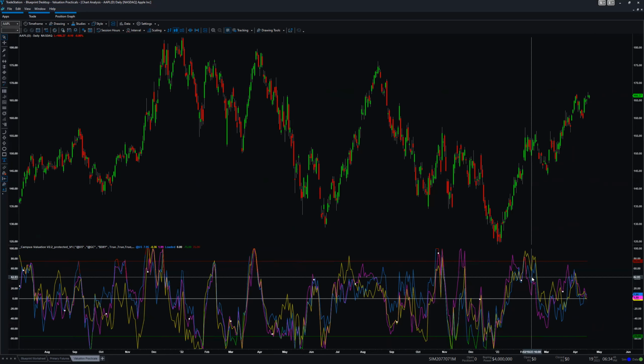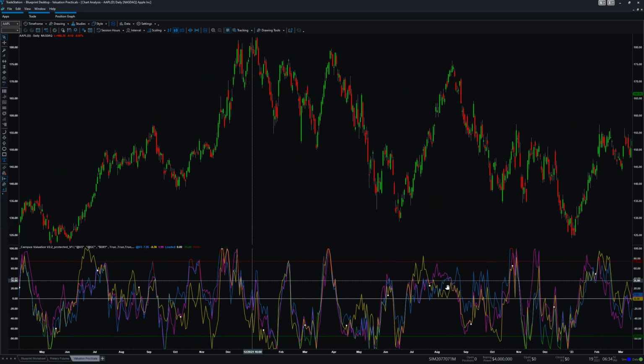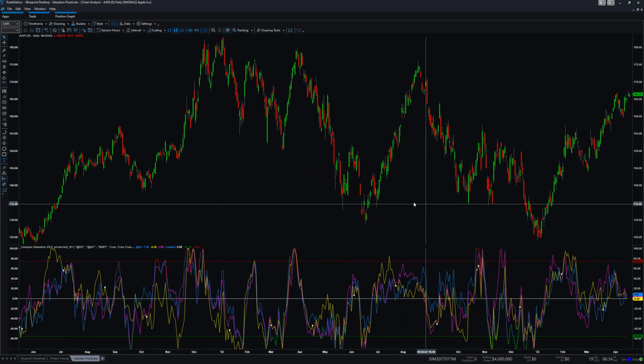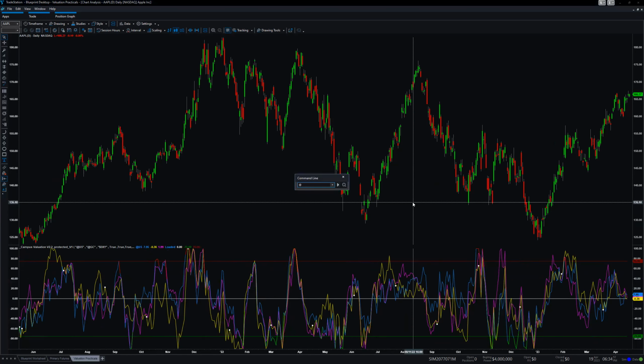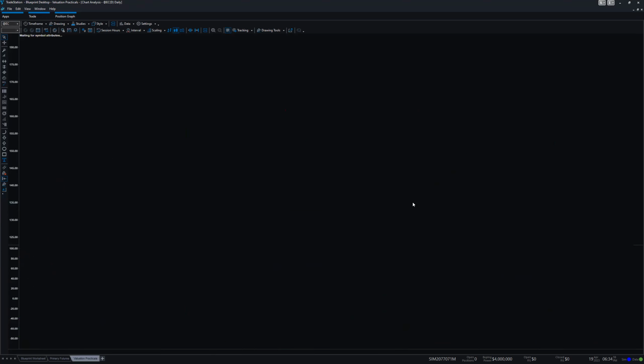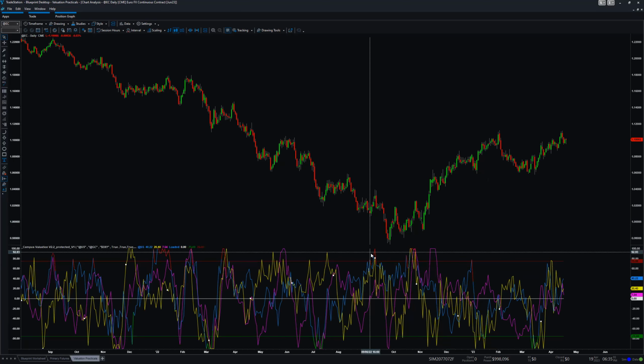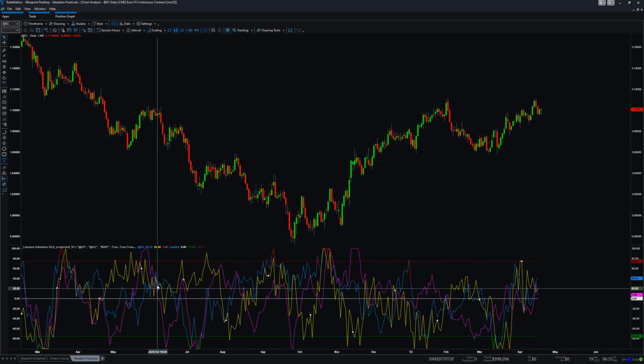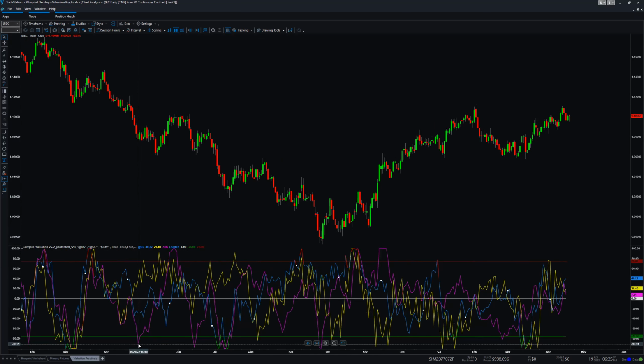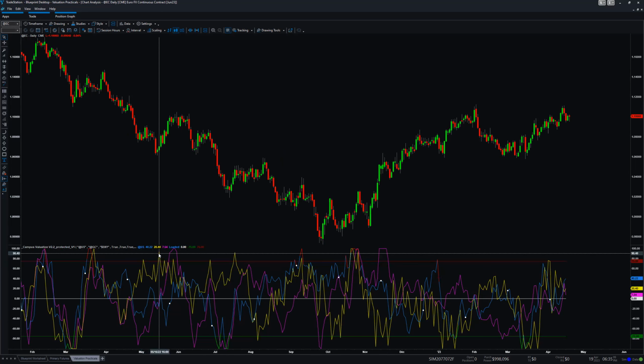And sometimes they'll move very similarly, but they don't have to move similarly. Sometimes they can be very different. If you look at euro, for example, at times we have one that's going to be undervalued and the other that's going to be overvalued, and one that's going to be in the median.